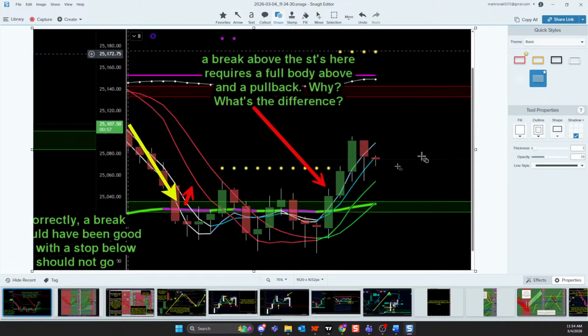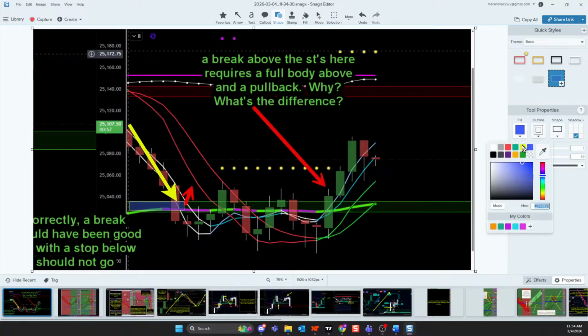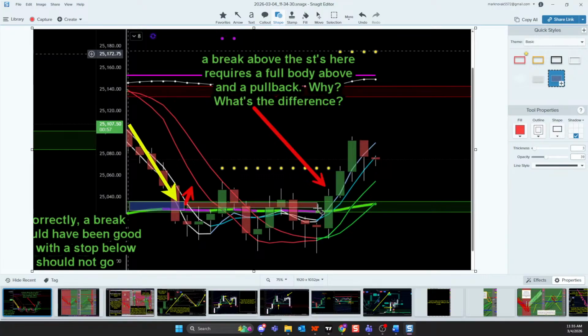Let's make it support. Let's use colors you guys know. That's support. Does that make sense so far, Paul? When the body of the bar breaks below it, it becomes resistance, right? And it stays resistance all the way to there.